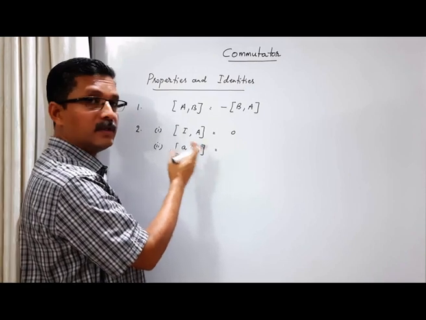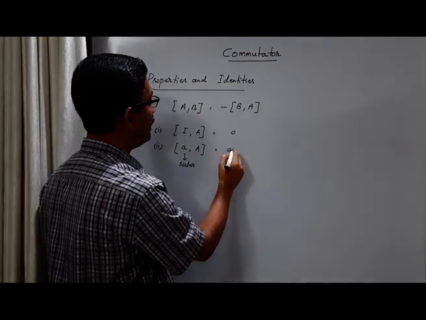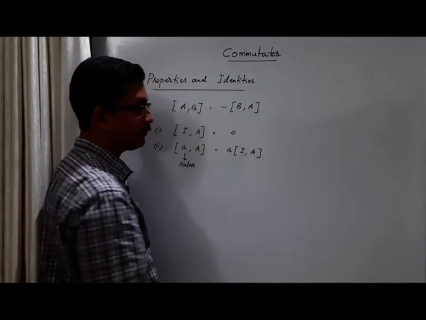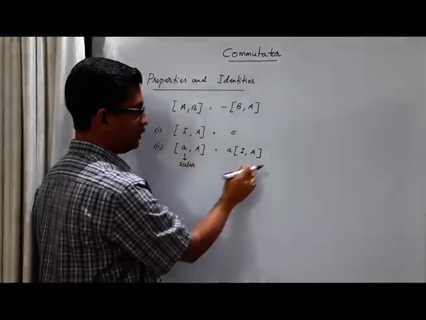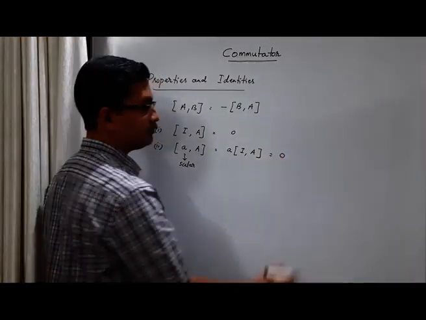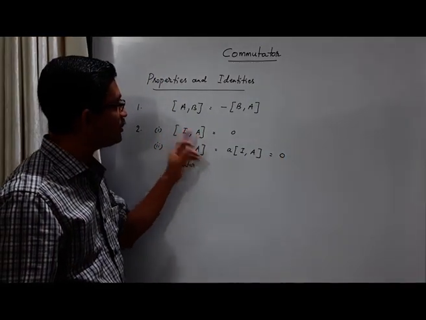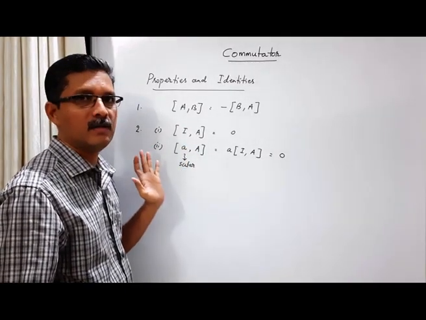In this expression, you can take the small a outside, so you can write this as a times (A minus A), which is 0. Then the result is again 0. So the commutator between an identity operator and any operator is 0, and the commutator between a scalar and any operator is 0.